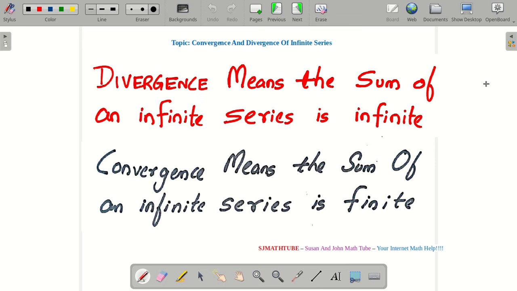And what do you mean by convergence of the series? Convergence means when you add all the terms in a series, you get a finite answer. So it's very interesting. You keep on adding again and again, infinite number of times, still you're getting a finite answer. And that is called convergence.